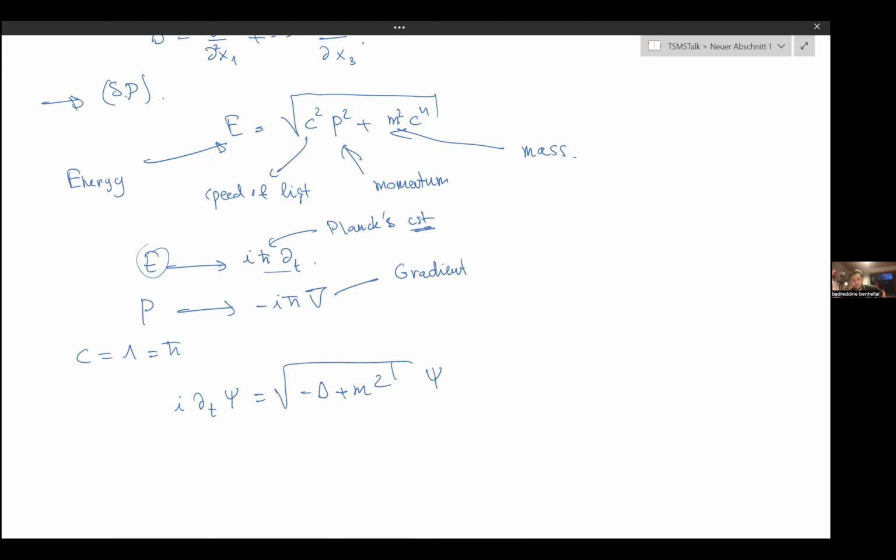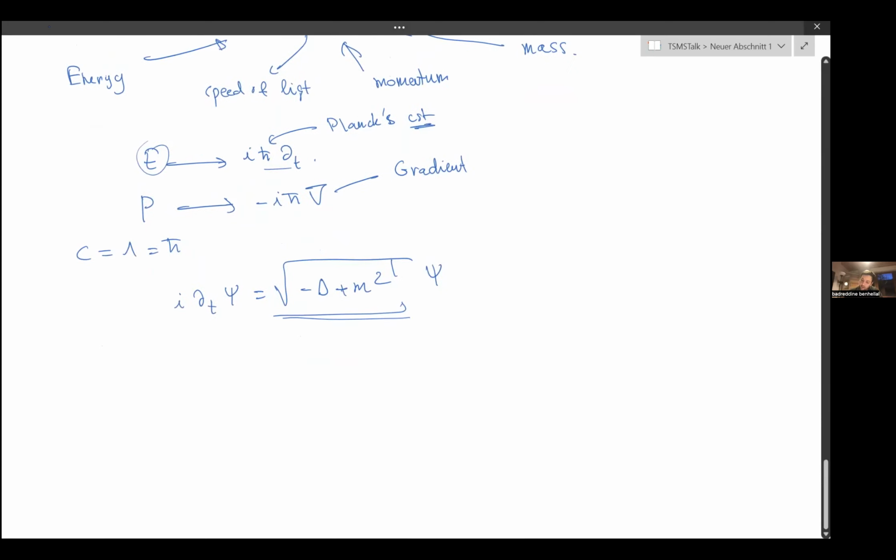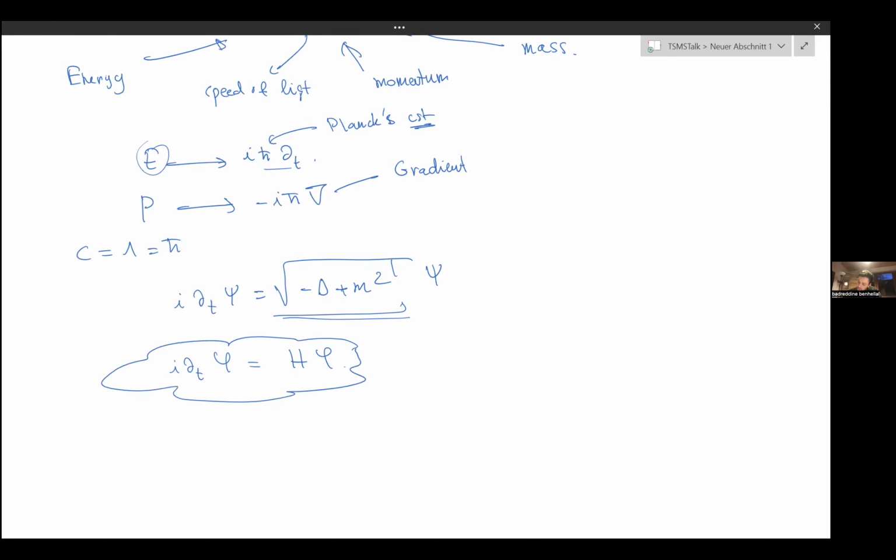So at that moment, of course, we didn't know how to define this monster, but nowadays we know how to do it. But this equation has a big problem. Because in quantum mechanics, we always write the equation in the following way: i ∂t of the function psi is equal to H of psi.